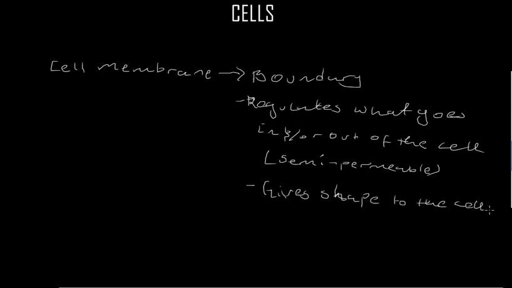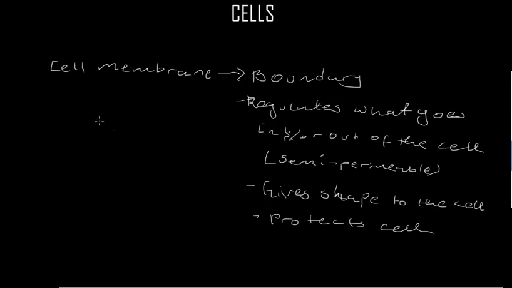The cell membrane gives shape to the cell, and it is like a boundary, so it protects what is inside the cell. So it gives shape to the cell, and it also protects what is inside the cell. It is the outermost covering, the outermost layer that we have in a cell.